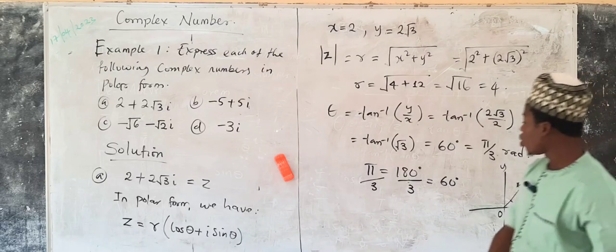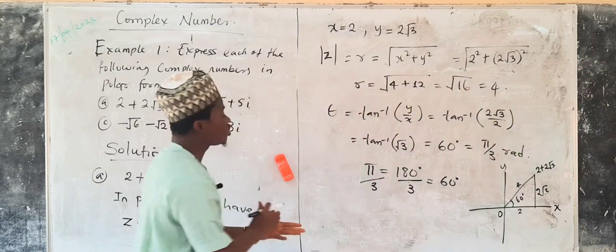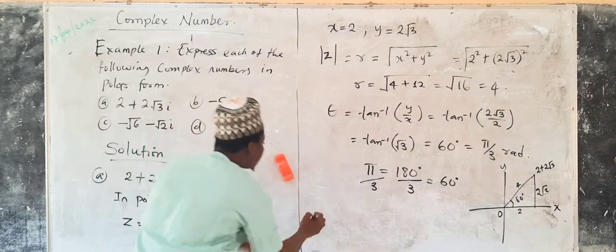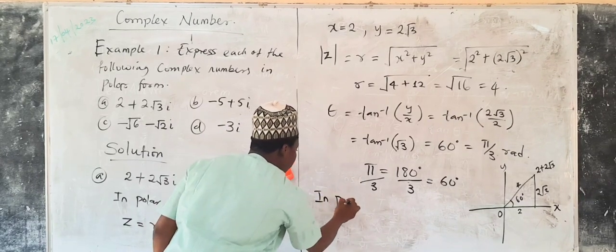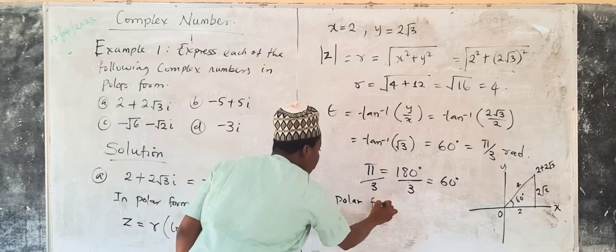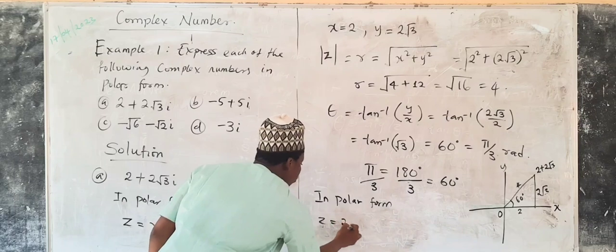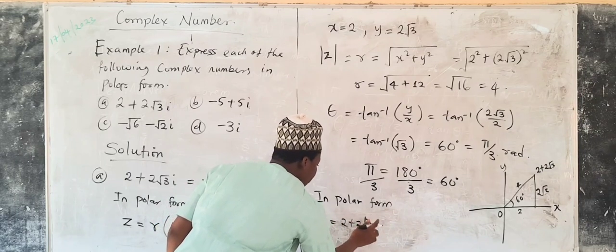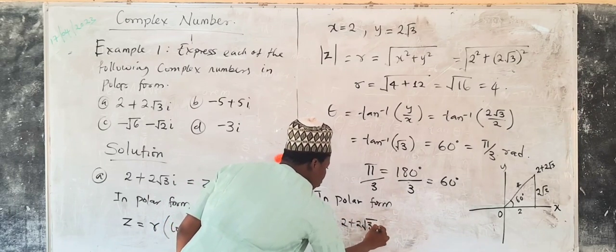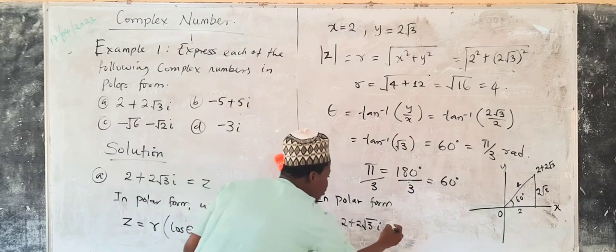So now in polar form, you have your theta and your r. So in polar form, Z, which is the same as 2 plus 2 root 3i, is the same thing as what?